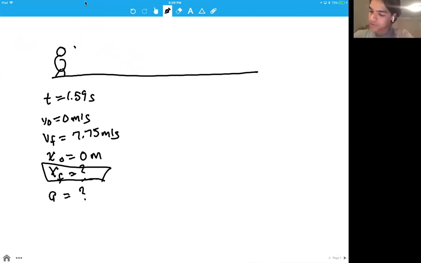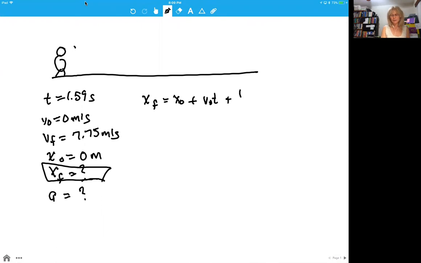So now, what equation could we use to solve this problem? We could use one of the kinematic equations. If you don't remember what they are, I will say which one for brevity, and later on we'll talk about it, because there are three main ones that we use. This one would be x final equals x initial plus v initial t plus 1/2 a t squared, right?